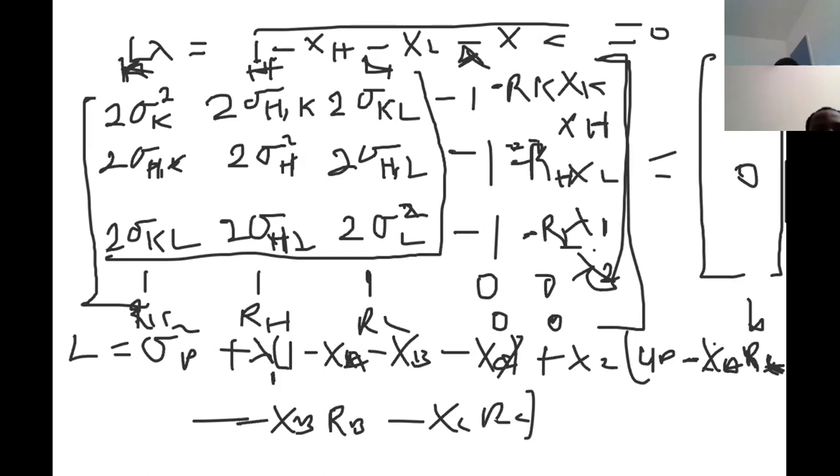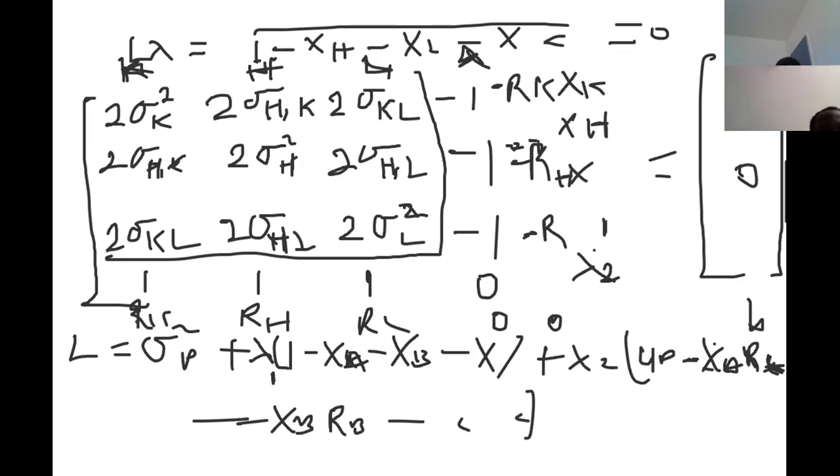Okay, let me go to a new page. So the shortcut is this. If I'm the one doing this, this is what I will do, because now I've explained to you how we derive those things.